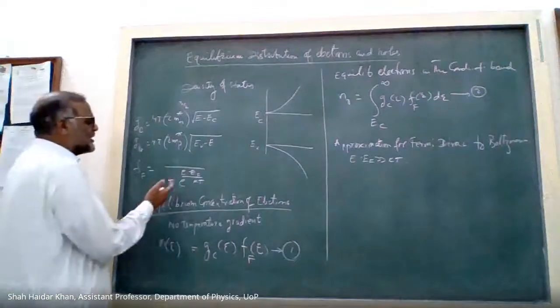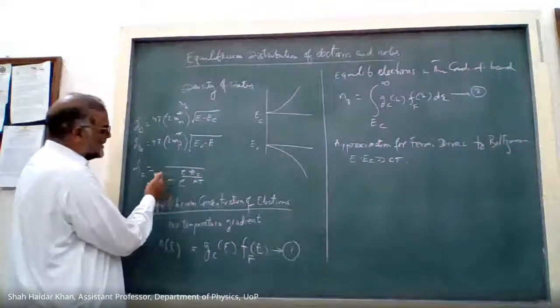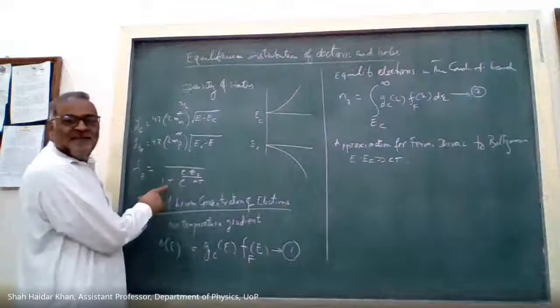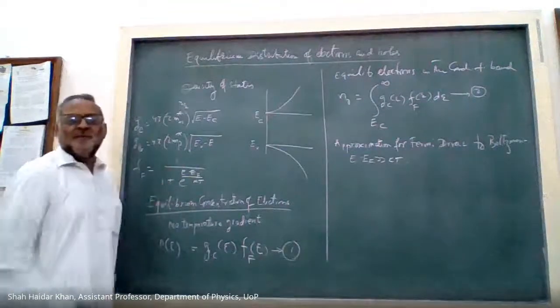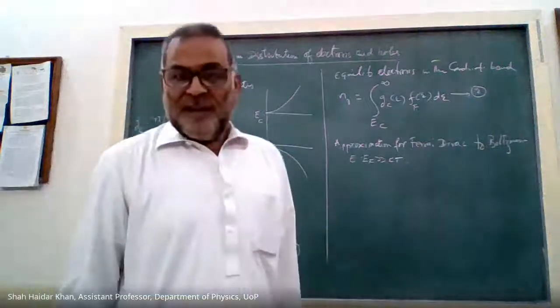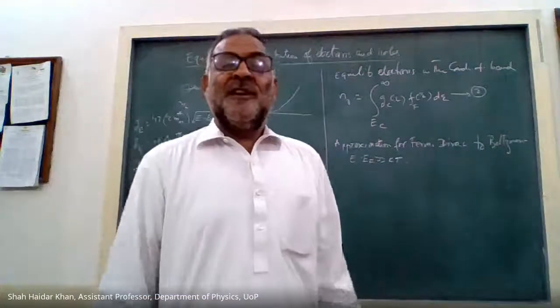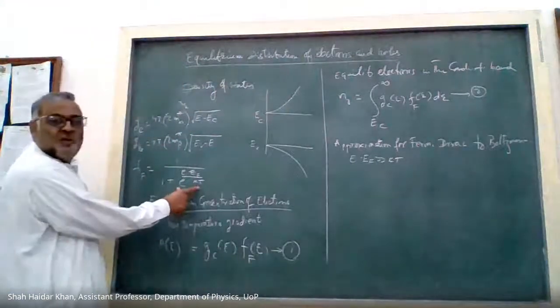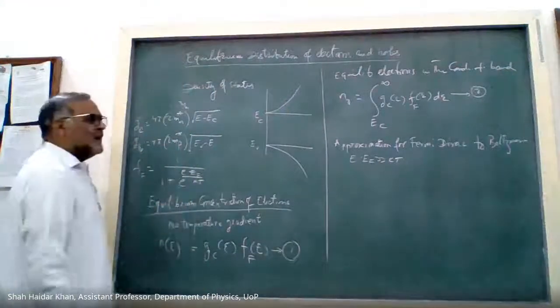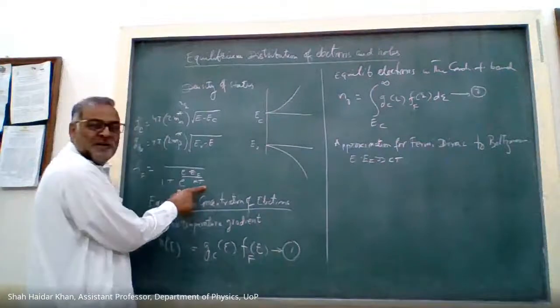In that limit, I can approximate this thing. Sometimes we can omit the 1: 1 plus a billion is approximately equal to a billion. So this is a very big quantity, and we can approximate this by only the denominator.